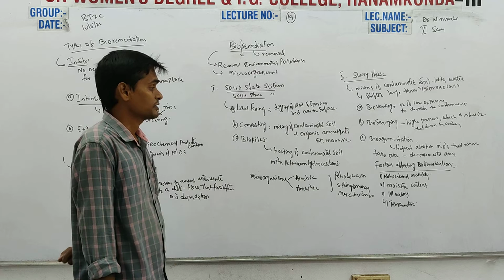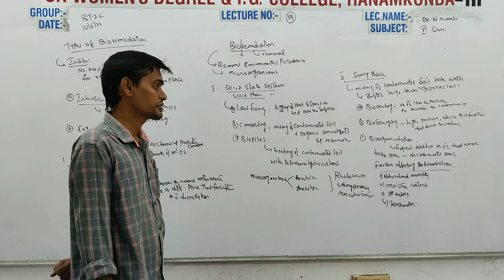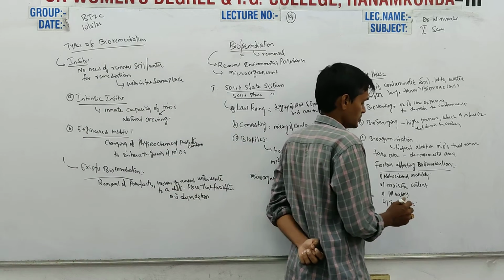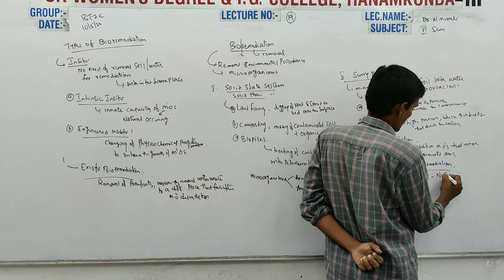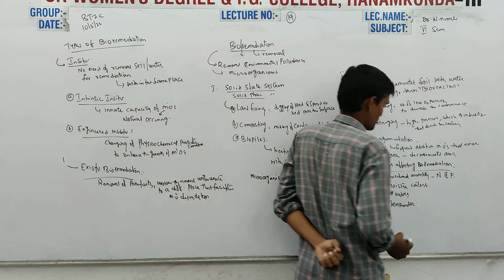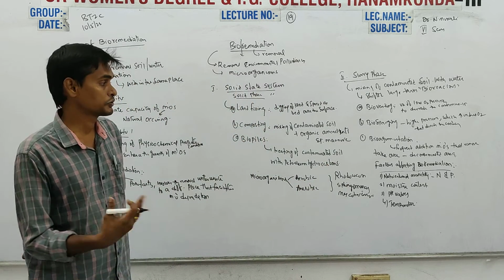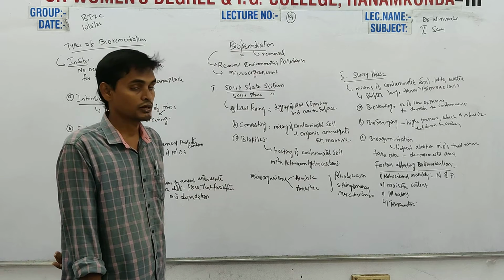So there are certain factors which influence the process of bioremediation. One is nutritional availability. Mostly the microorganisms involved in bioremediation require inorganic material like nitrogen and phosphorus, which are required for the microorganisms to survive and to carry out the bioremediation process. Next, moisture content.